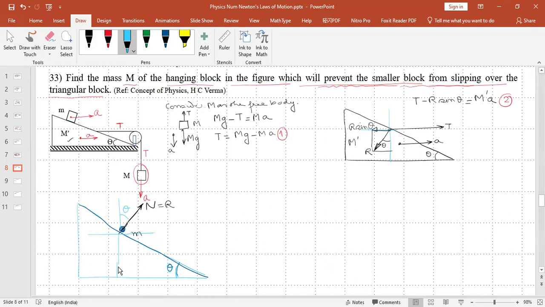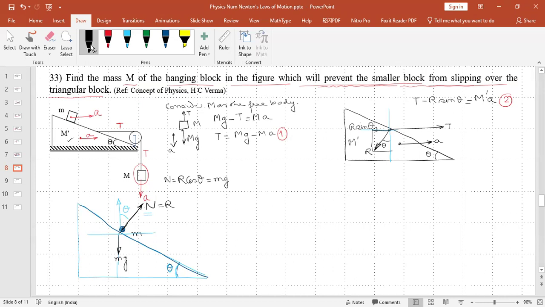Now, the vertical component of N counteracts the gravitational attraction force, small mg. So from here we find, writing N equal to R in magnitude, R cos theta is equal to mg.